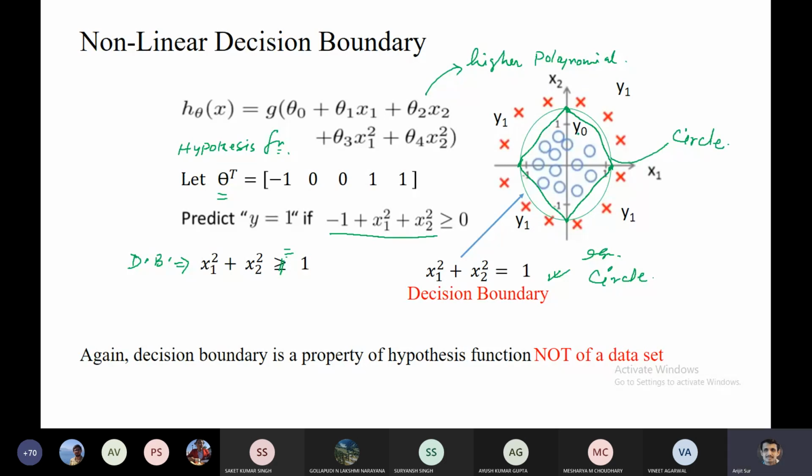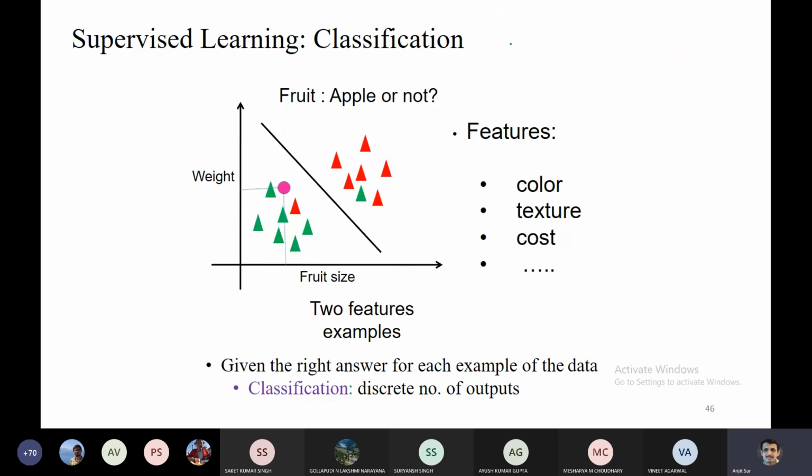So now we are dealing with discrete output values, and this kind is called classification. This is another very important type of supervised learning setting.